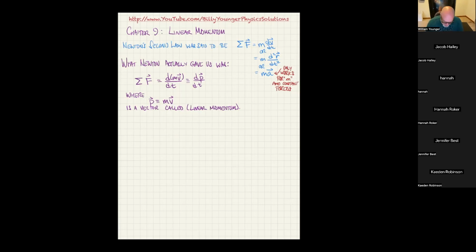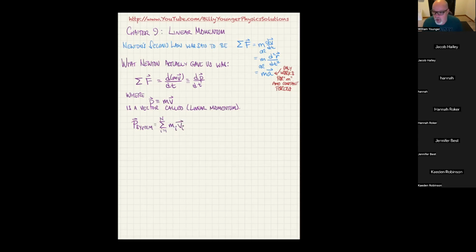So it can be that, but it can also be P for the system is equal to the summation from i equals 1 to N of m sub i v sub i, like that.